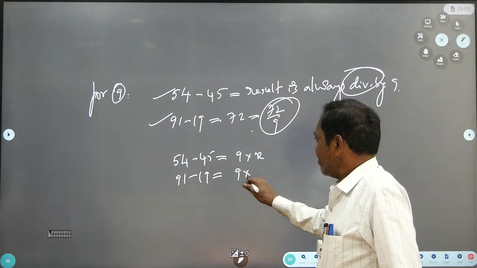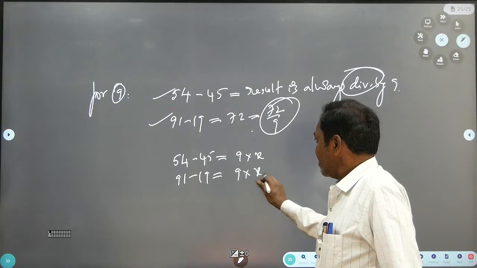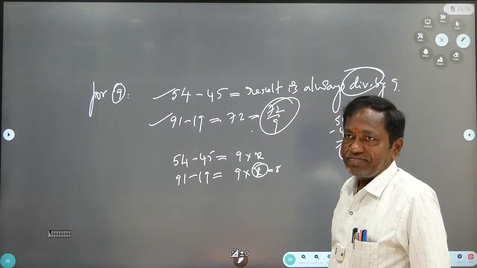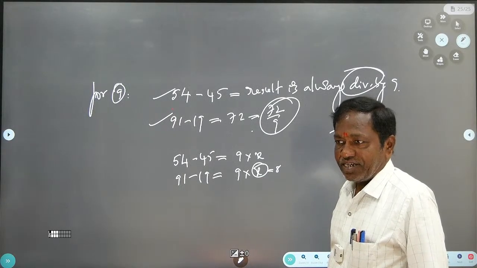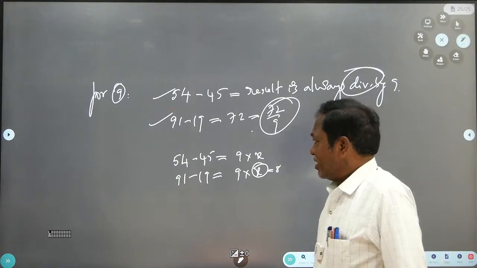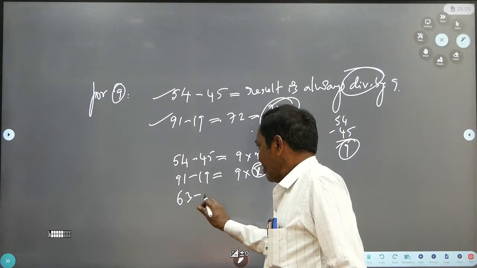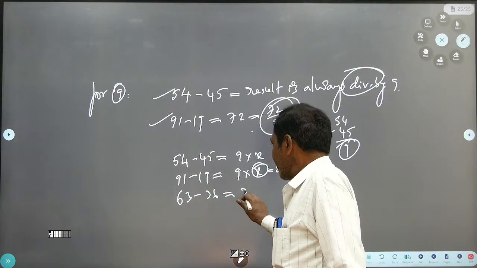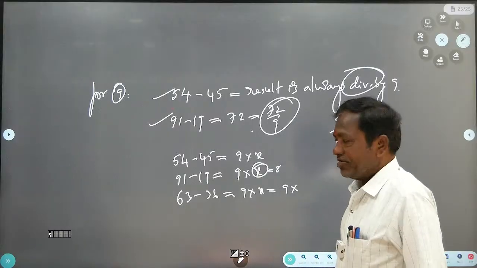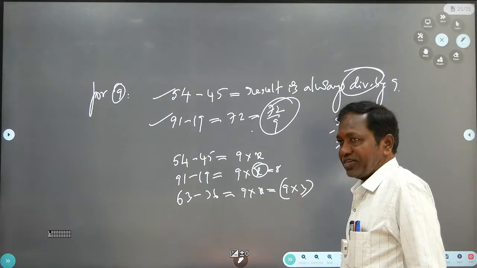So 9 into x, where x equals 8. Like 63 minus 36, 9 into 3, x value is 3.